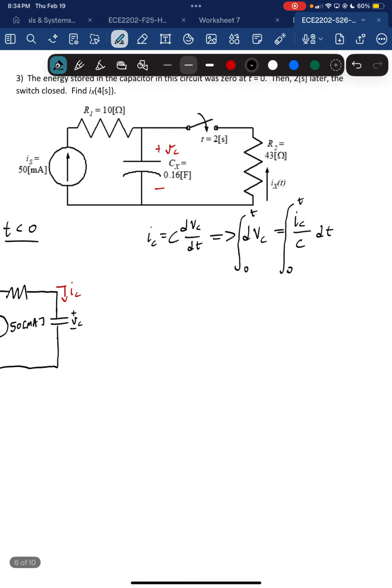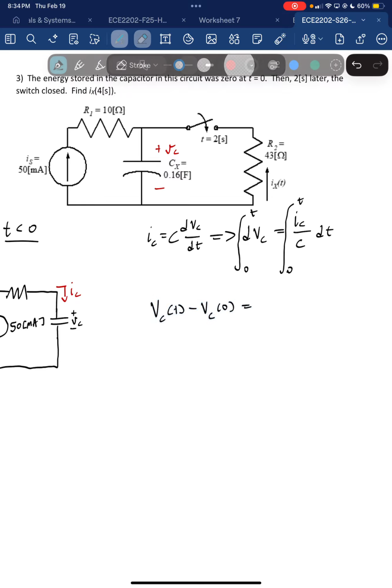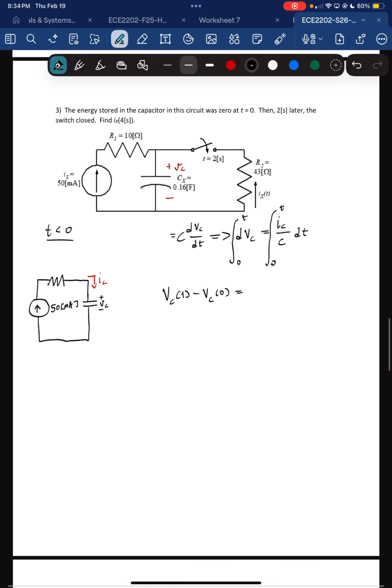So doing the integral, we're left with VC of t minus VC of 0 is equal to, oh wait, sorry, I forgot one key step. I'm so sorry. IC, we know IC, right? We know the current through the inductor.